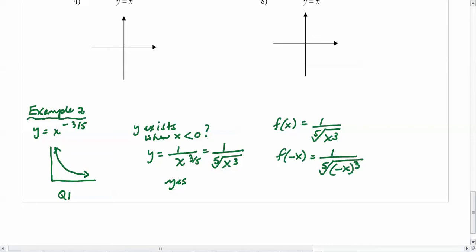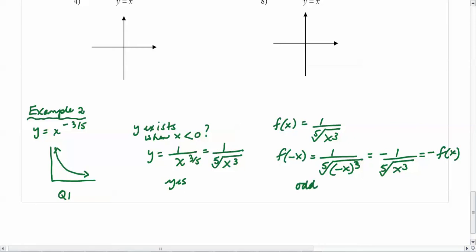And I think what happens here, all right, I cube negative x, I get a negative quantity, and then I take the 5th root of that, so I'm going to get a negative quantity out of this, and so I'm going to get the negative of what I'd get if x were positive. So it is the negative of f of x. So my function is odd.